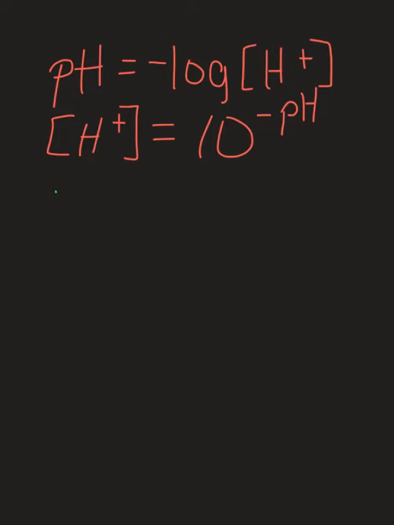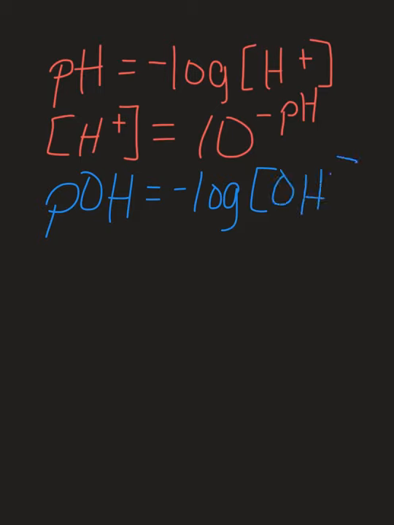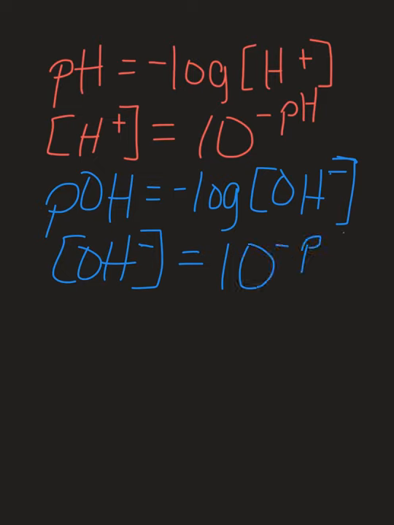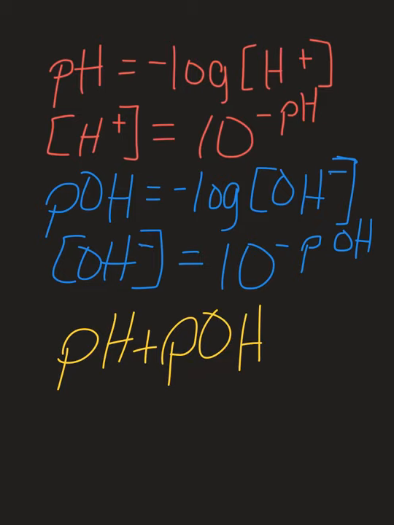Working with hydroxide, pOH, negative log hydroxide ion concentration. To get the hydroxide ion concentration, 10 raised to the power of the negative pOH. And of course, add these together and you should get 14. So just subtract it from 14 to get the other one.